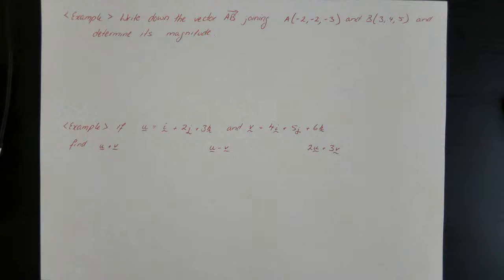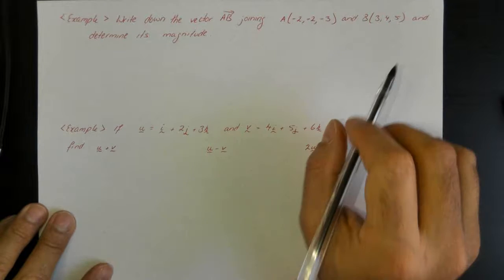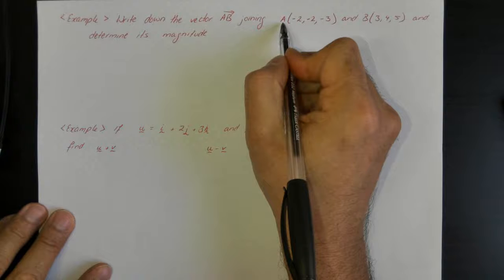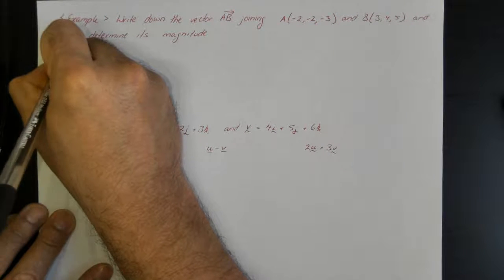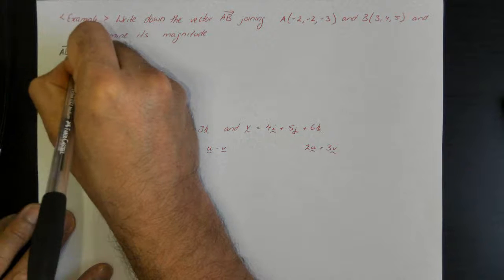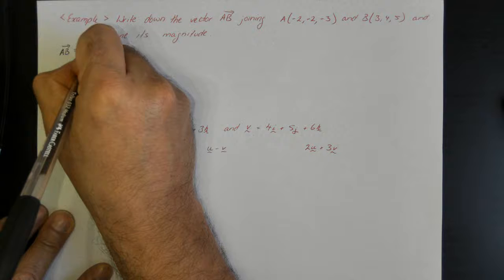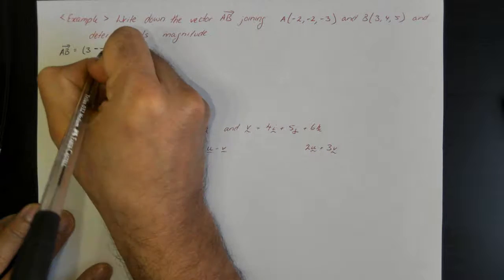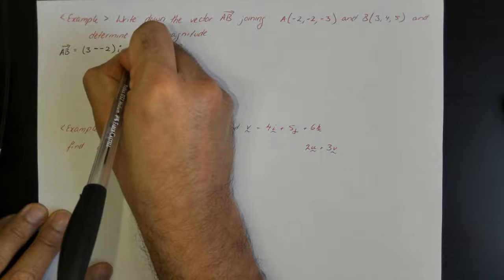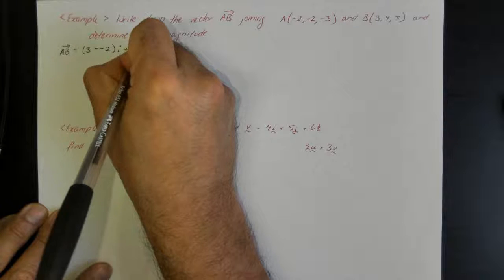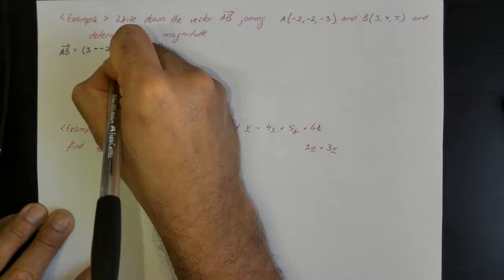Now we want to write down the vector AB joining A and B, and we want to determine its magnitude. So I'm going to start at A and go to B. Now to find that vector, all I do is take my B coordinates and subtract my A coordinates, to find how many units it's changing.